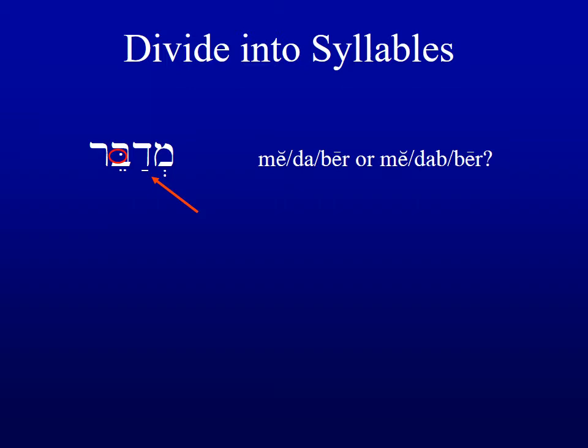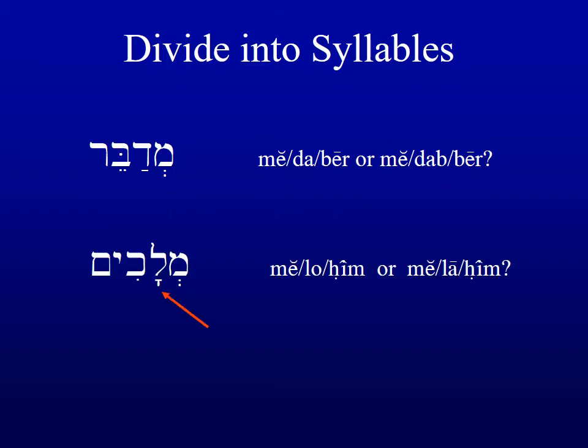So this particular Dagesh follows a patach. That means this is not Dagesh linne, it's Dagesh forte, which represents a double bet. So if the question is, do we pronounce this medaber with one bet, or medaber with 2 bets? The answer is we have 2 bets. Medaber.